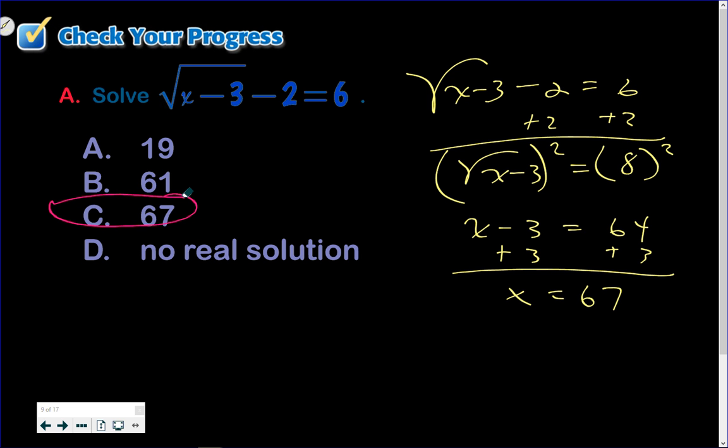Yeah, just plug it back in. Bring it back up here. 67 minus 3. Square root 64. 8 minus 2. 6. So it equals the right side.